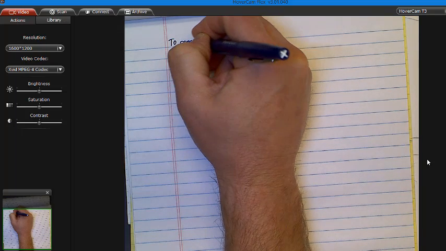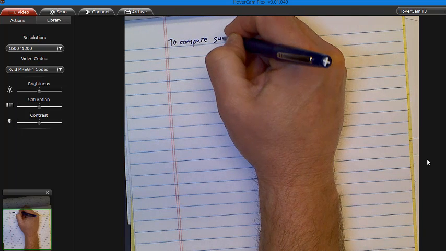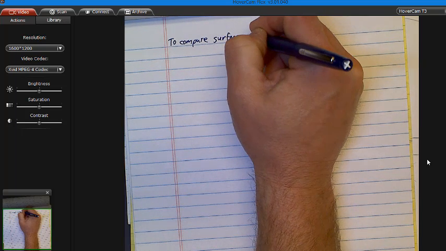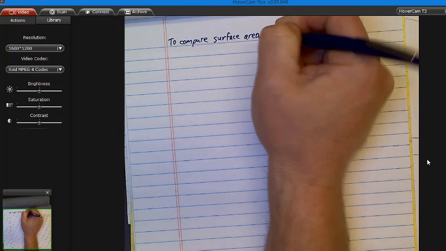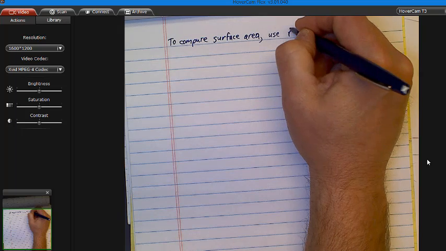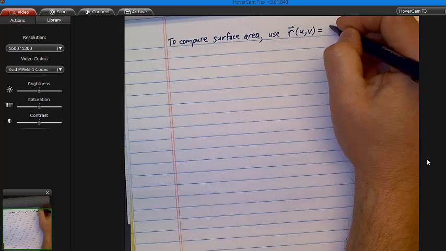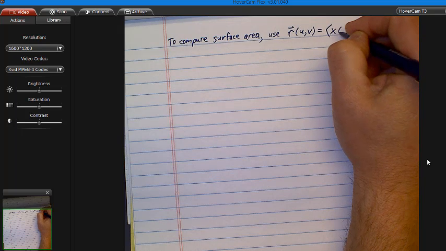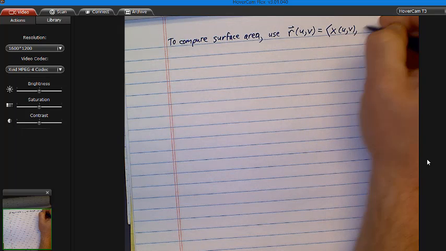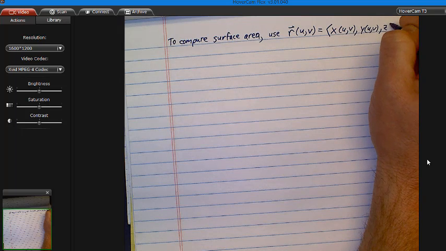To compute surface area, we will use R of U comma V, which is X of U comma V, Y of UV, and Z of UV.